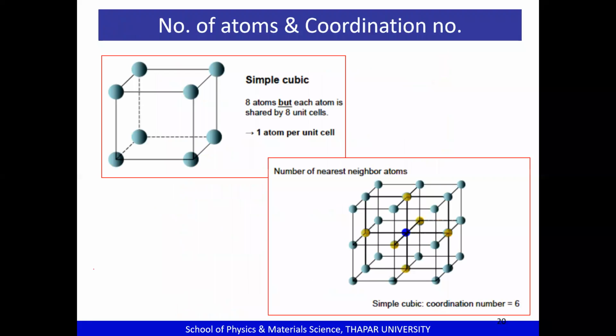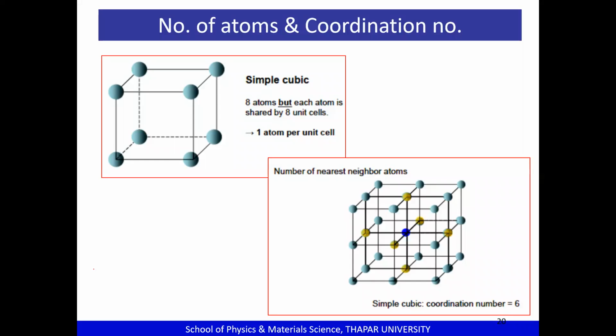Okay, so now we do one more exercise where we are going to compute two important parameters for the primitive and the non-primitive lattice. One is the effective number of atoms, and the other concept which we will frequently refer to is the number of nearest neighbors.